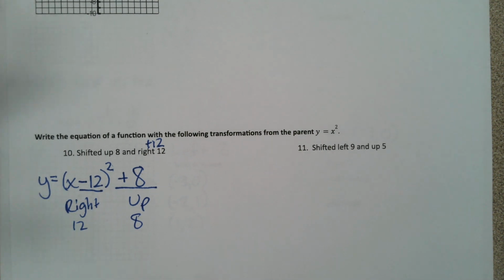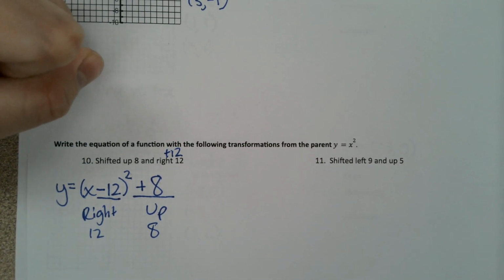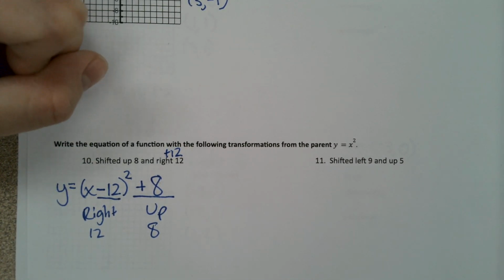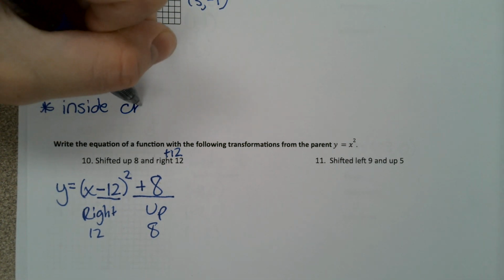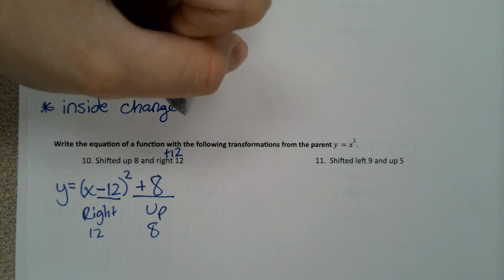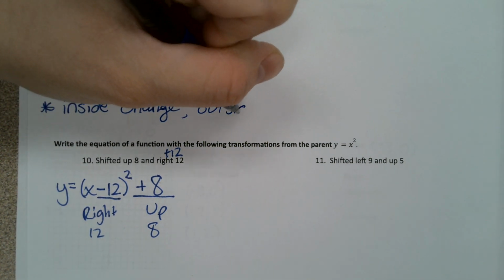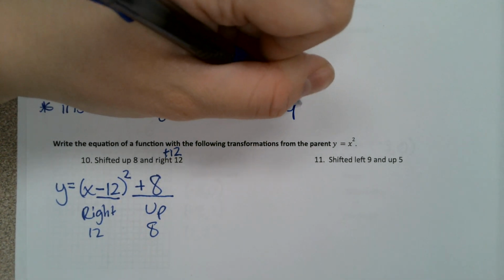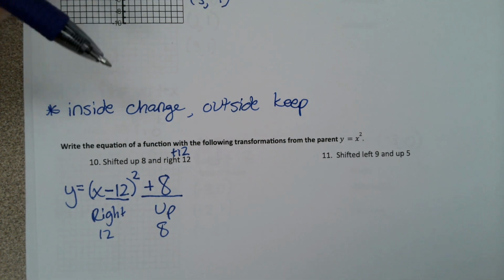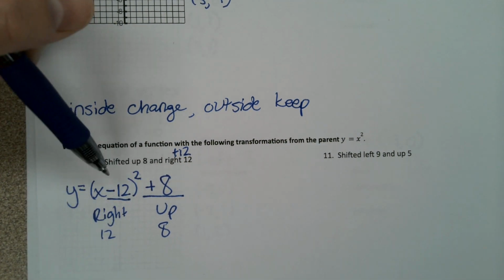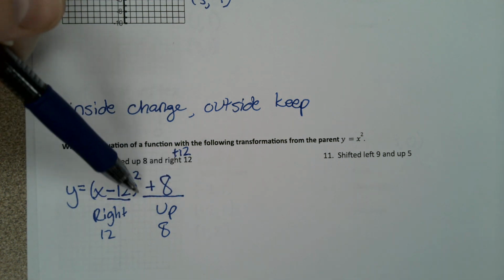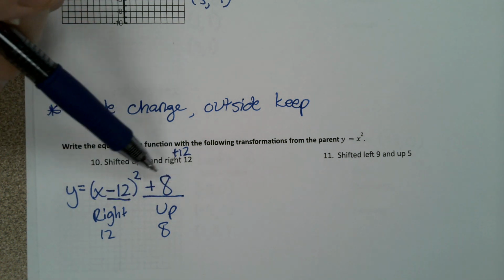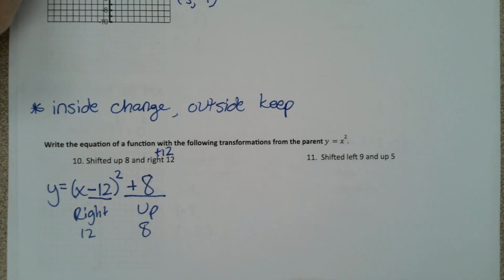I actually wrote that up here on the notes. Inside change, outside keep. So if it's inside the symbol with the x, you change the sign. If it's outside of it, you keep it. And remember, this part here is the k. K, keep it the same.